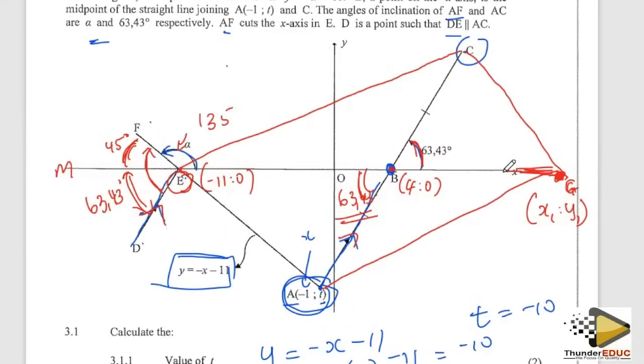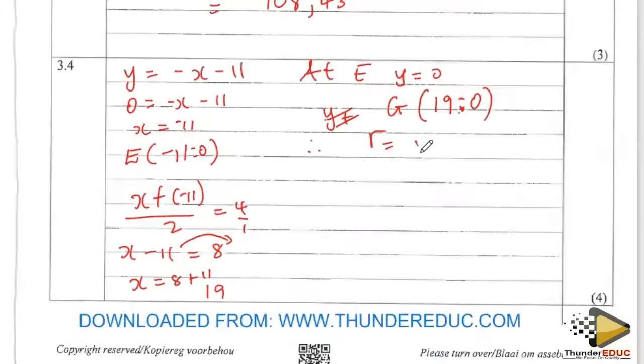Then, since I want the equation of the circle, this distance BG is going to represent my radius. So I need to get the distance of BG, but since it's the same horizontal line, I'm just going to subtract: 19 minus 4, which makes it 15. So my radius is 15. For as long as the distances are either on the x-axis or the y-axis, we don't need to use the distance formula.